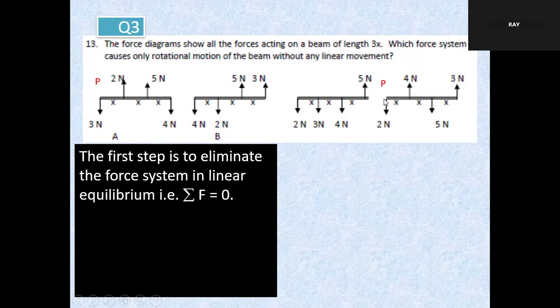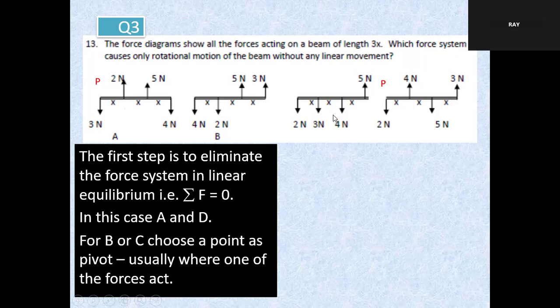So it's either A or D. For B or C, choose a point as pivot, usually where only one of the forces acts. B and C have resultant linear movement, so don't worry about them anymore. Now work with A and D.